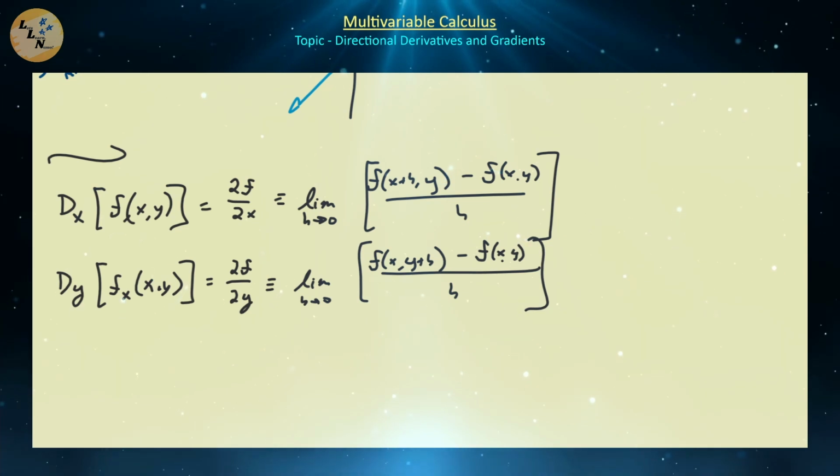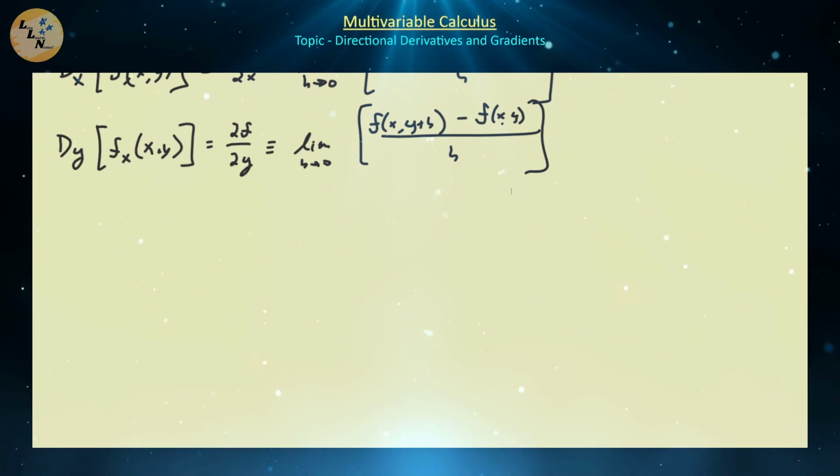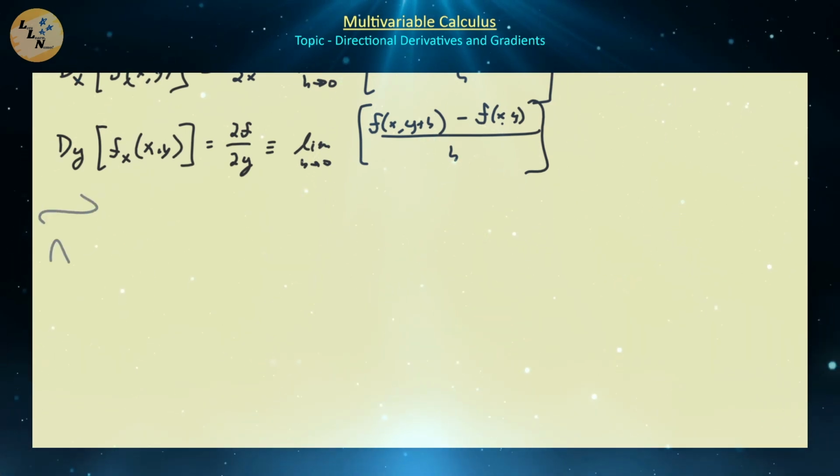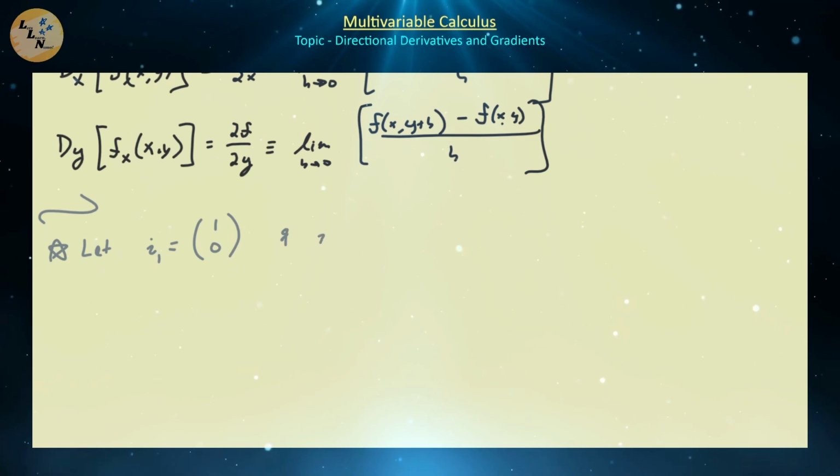And you could, of course, define these via the backwards difference or the central difference if you're interested in doing so. So how can we extend this to any direction besides the positive x and positive y direction? Let's bring back a couple of basics from basic vector algebra. We're going to let I1 represent the unit vector 1, 0, and we're going to let I2 be the vector 0, 1.